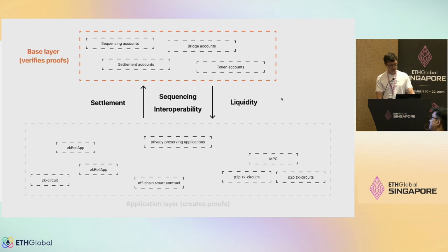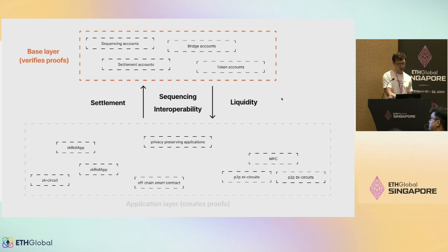Here we have an infographic where we show how that can look. On the bottom we have the application layer, and on the top we have the base layer. We can see that the base layer offers us some things, for example, sequencing, settlement, and bridging tokens. And then we have the application layer that can have a variety of implementations.